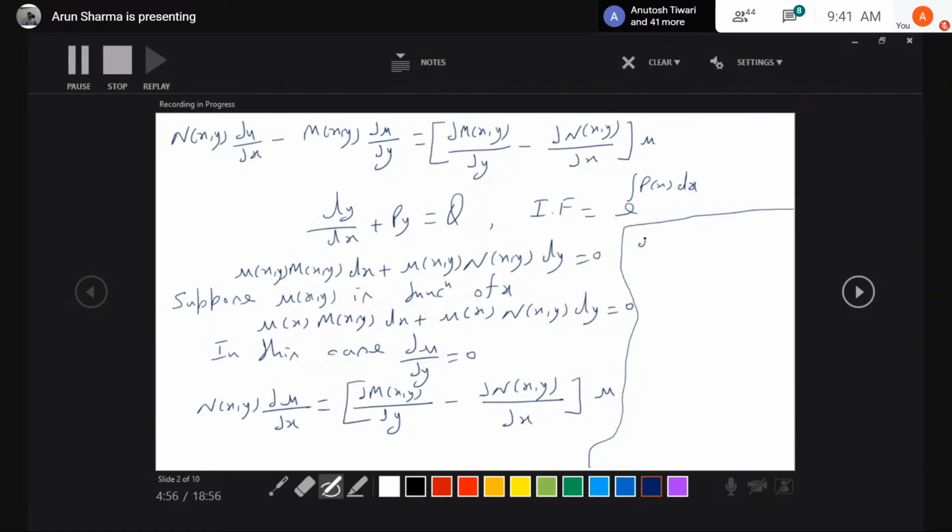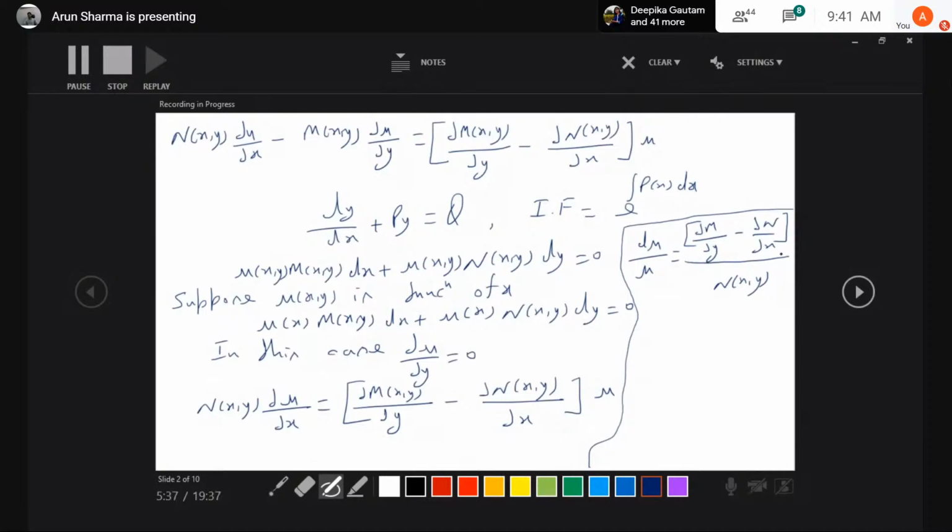So what will you do then? d mu upon mu equals del M upon del y minus del N upon del x, divided by N(x,y), dx.